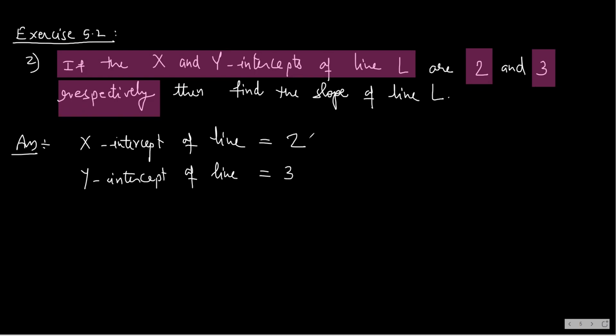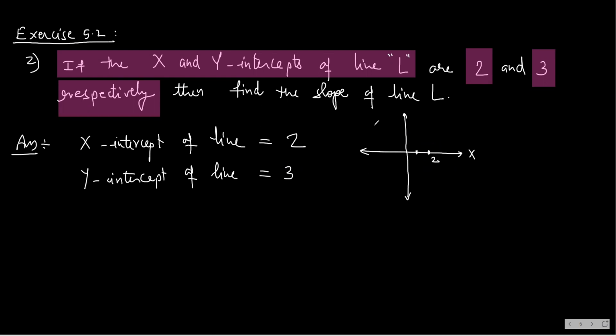Now you know, if the x-intercept is 2, it means that on the x-axis you will have somewhere the number 2, and the line which they are talking about will meet the x-axis at this point.